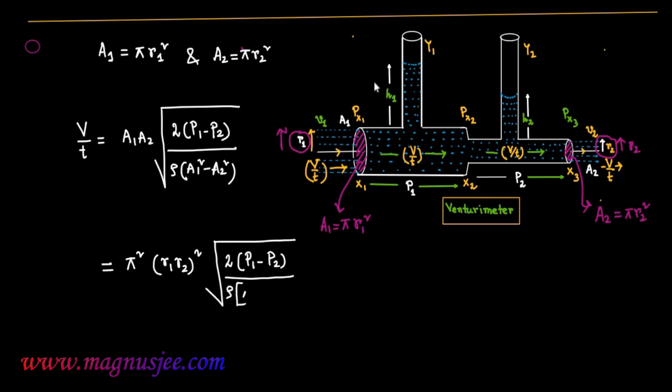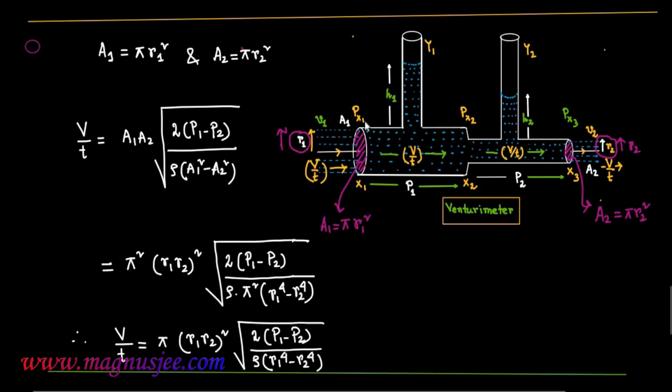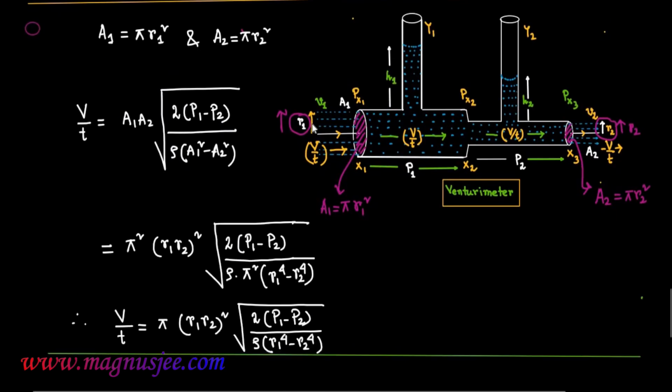Finally, we get π²R1²R2² √(2(P1 − P2)/(ρπ²(R1⁴ − R2⁴))), with π² taken common. So finally, we get V/t = π(R1R2)² √(2(P1 − P2)/(ρ(R1⁴ − R2⁴))). This is another expression of rate of flow of liquid in terms of radii of the two horizontal pipes of a Venturi meter.